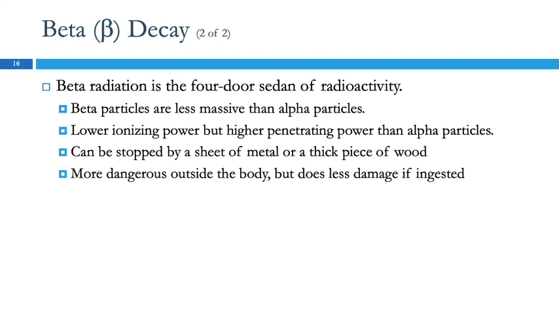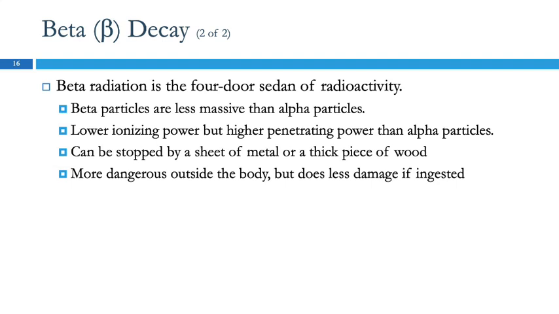So ionizing power is like damage in a collision. A semi-truck runs into something, it's going to cause a lot of damage. A car runs into something, it's going to cause damage, but not as much, because it's just not as big, right? So these particles will ionize things, but not as much as alpha particles.